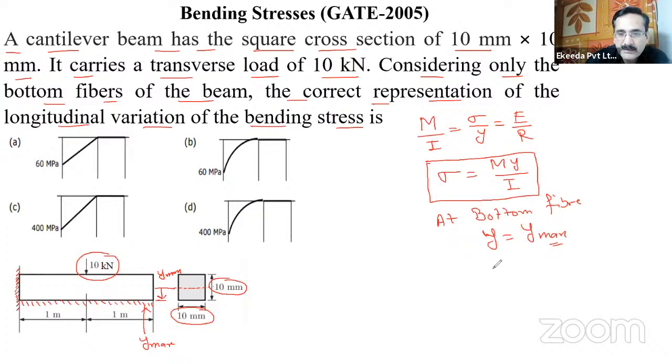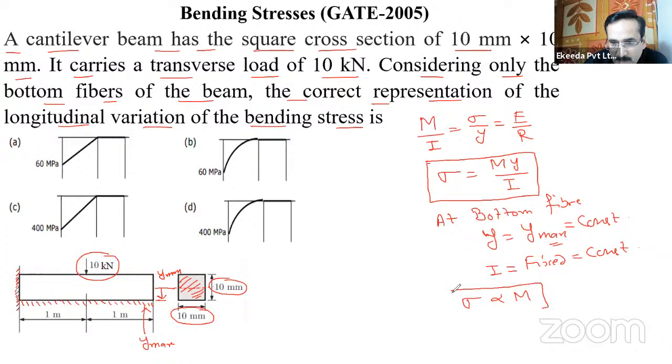I is also constant because the cross section area is uniform, and that is BD cubed by 12, right? Now sigma is proportional to M.